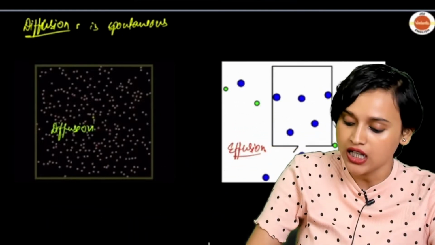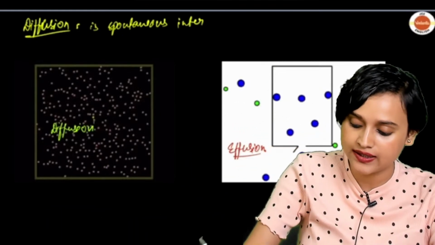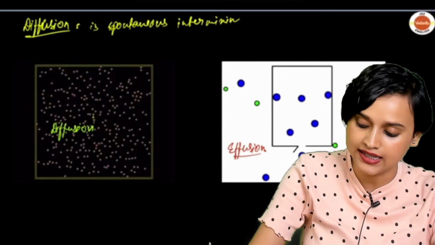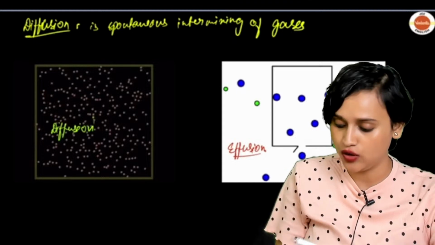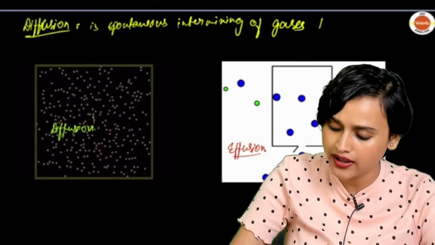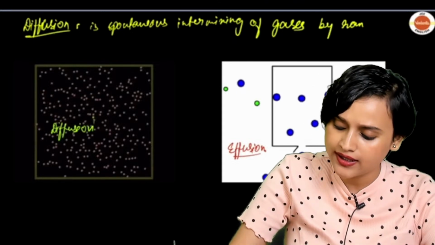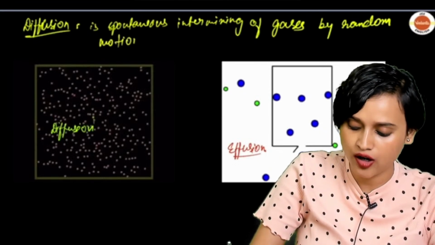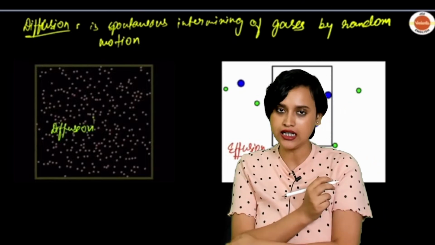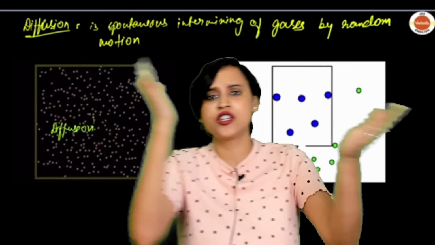So what is diffusion? Diffusion is basically spontaneous intermixing of gas molecules or of gases by random motion. They are always in random motion. And sometimes the molecules collide also.